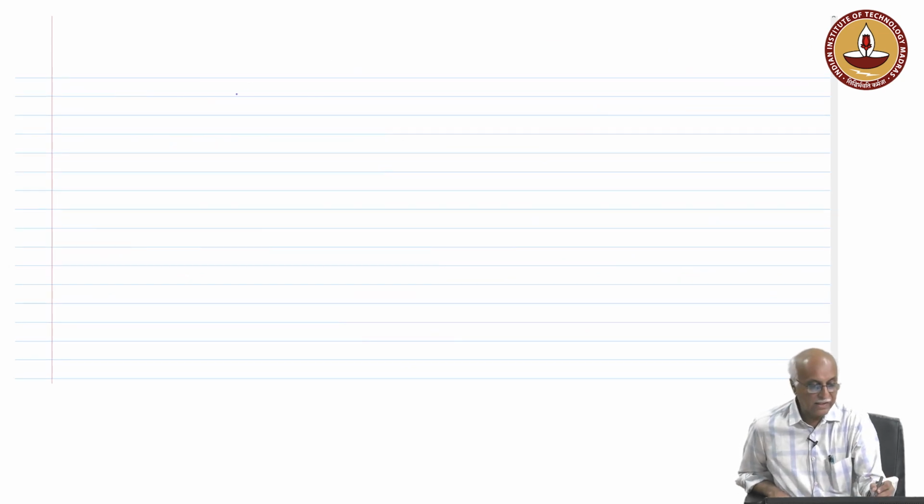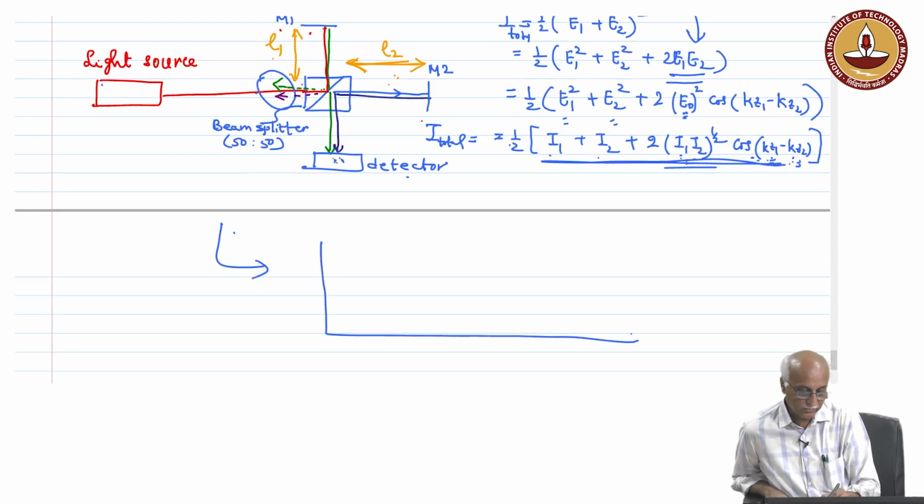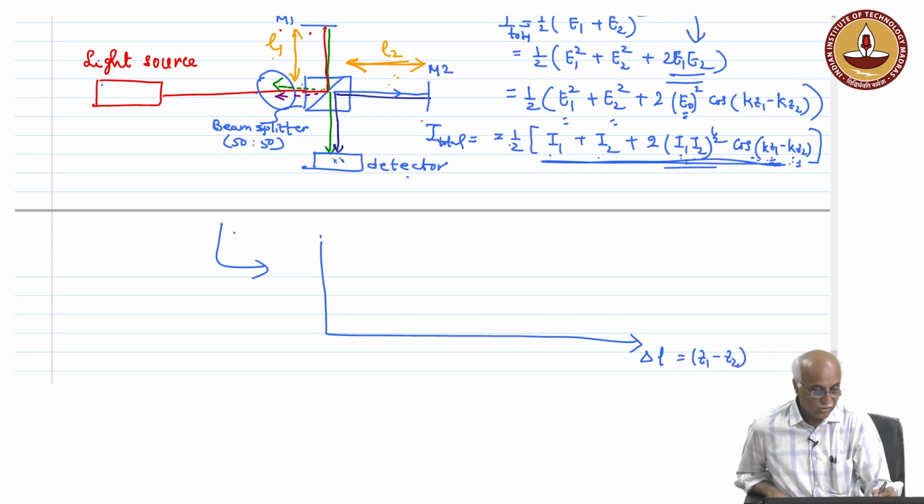So if I see from the previous case, this path length, which is nothing but the difference between Z1 and Z2, and this is the intensity measured at the detector end.